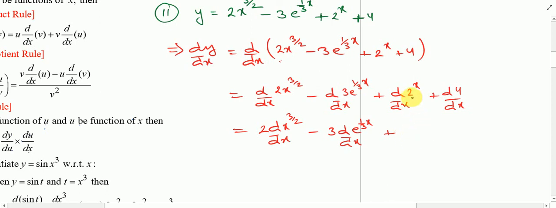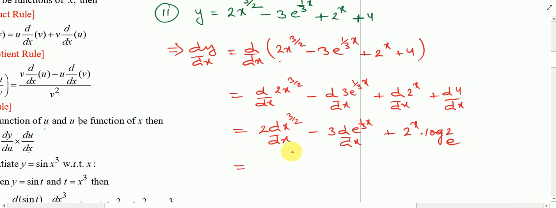And you know the differentiation for this is given by the formula for a to the power x. What do we get? A to the power x into log a to the base e. So we have to use this formula. Here you will get 2 to the power x log 2, and the differentiation of a constant is 0, so no need to write it, just leave it like this.